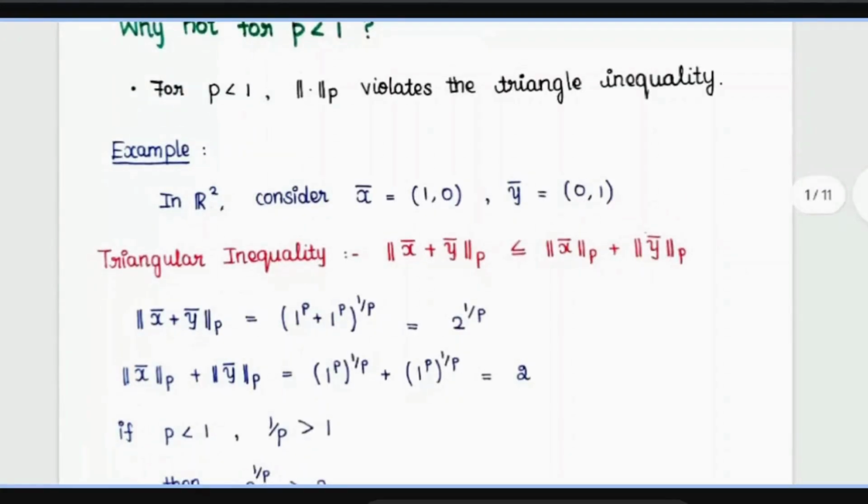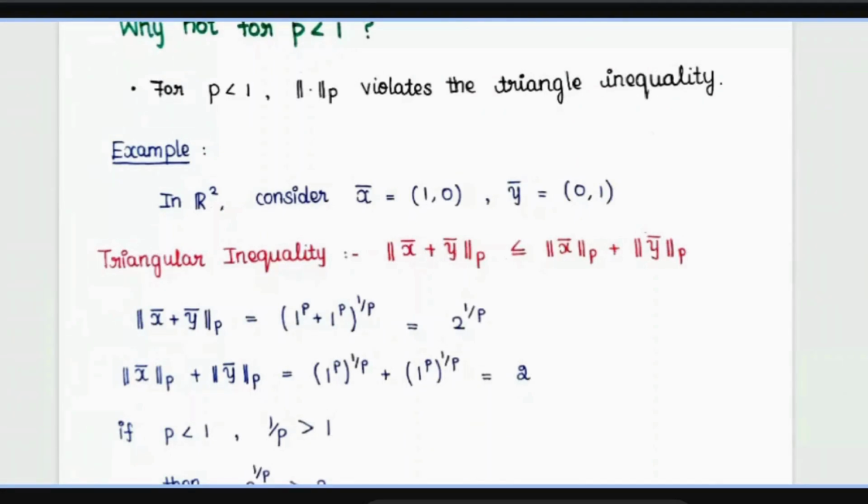Consider in R^2 space these two vectors, x bar equal to (1, 0) and y bar equal to (0, 1). Now, the triangle inequality says the norm of x bar plus y bar will be less than or equal to the norm of x bar plus the norm of y bar.